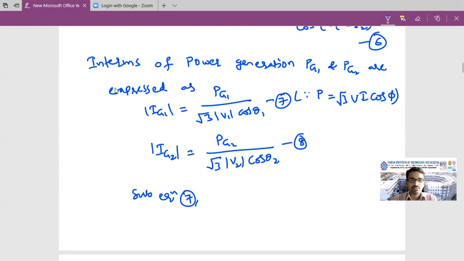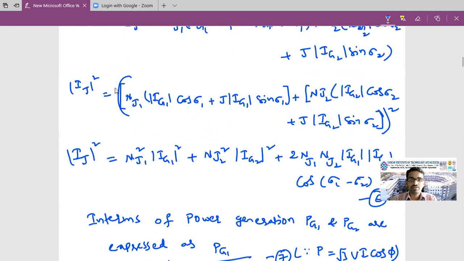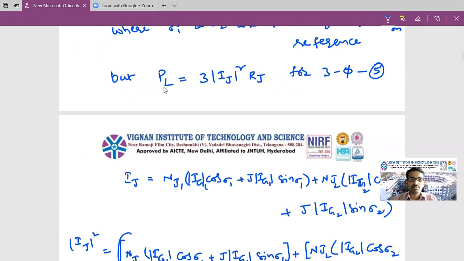Substitute equations 7, 8 and 6 in equation 5, right? So what is equation 5? Equation 5 is nothing but PL is equal to 3 Ij square Rj.